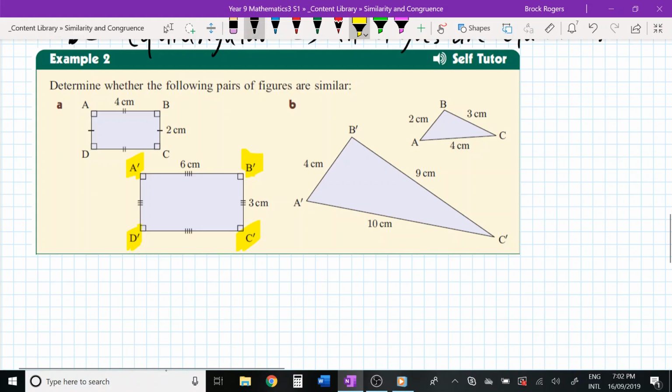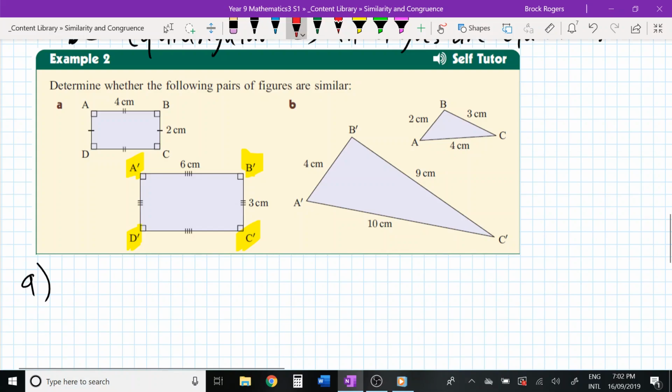Without the apostrophes tells you that that is the before shape, and that number should go on the bottom of our fraction for the scale factor, and the apostrophe case will go to the numerator of that fraction for the scale factor. So if we just have a look at part A for this example.